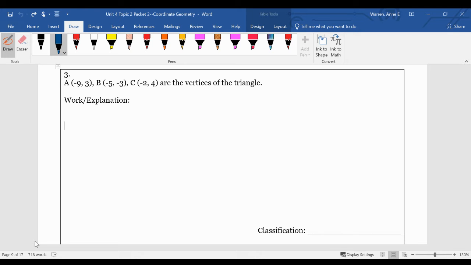This is us just using the distance formula, which, as we've talked about before, is the same thing as the Pythagorean theorem. It's the same exact math. It's just that we are using subtraction in order to find the side lengths of those triangles. So, as a reminder, we have our distance formula, the square root of x2 minus x1 squared plus y2 minus y1 squared.